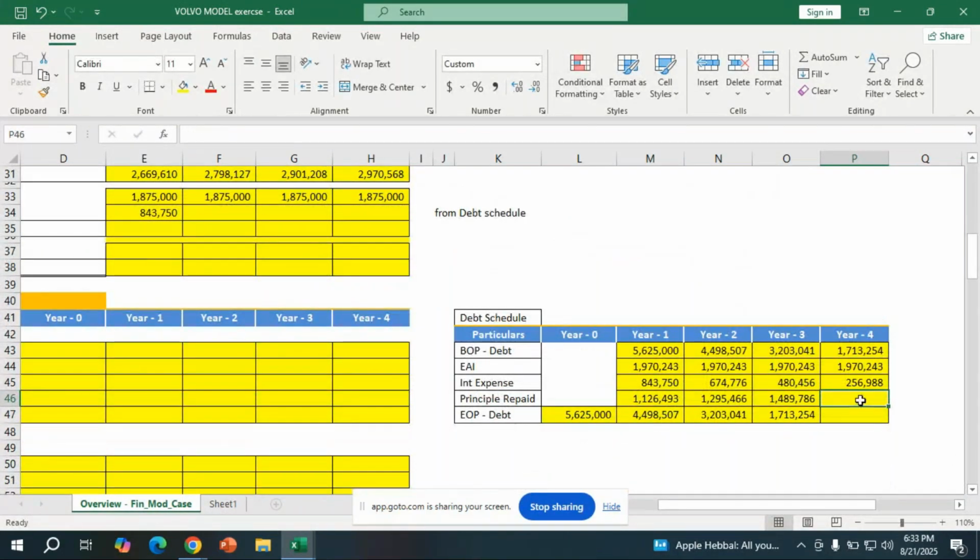So your principal rebate is this, EMI minus interest. So we are done. Equals to closing balance minus principal rebate. So really easy. Please finish off the debt schedule.